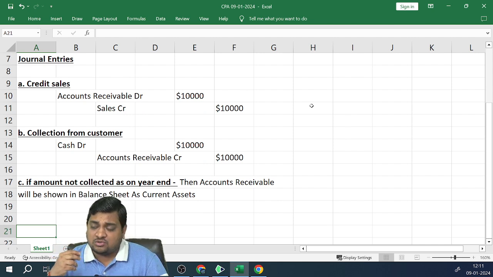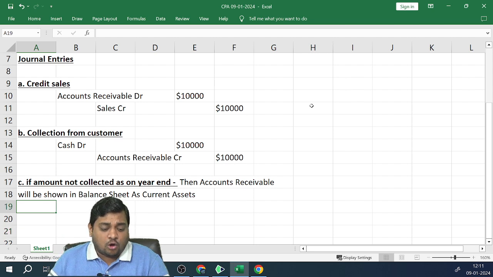Now let us do some advanced discussion. When you talk about the value of accounts receivable, it has to be at the net realizable value, right?